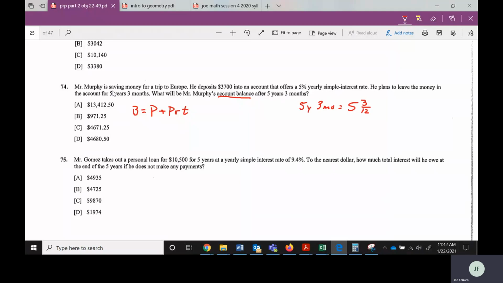And then the T for this one would be 5.25. So that's what you're going to use in here. Okay, so I'll let you try that one on your own, and you can check your answer in the back, see if you're getting it right.